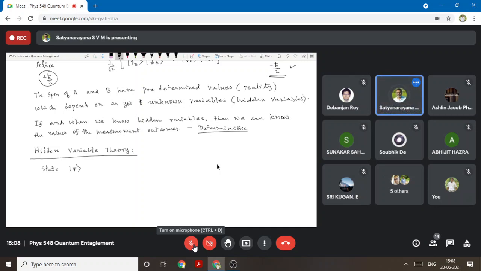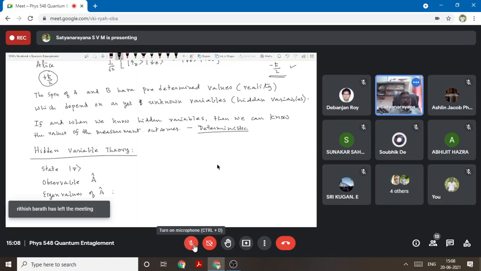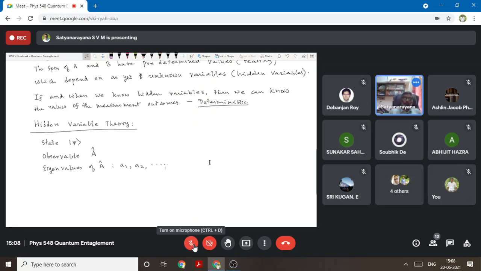And then let's say we have an observable, let's call that observable A, and this observable has eigenvalues. Eigenvalues of A are, let's say, A1, A2, etc. There can be infinitely many eigenvalues.